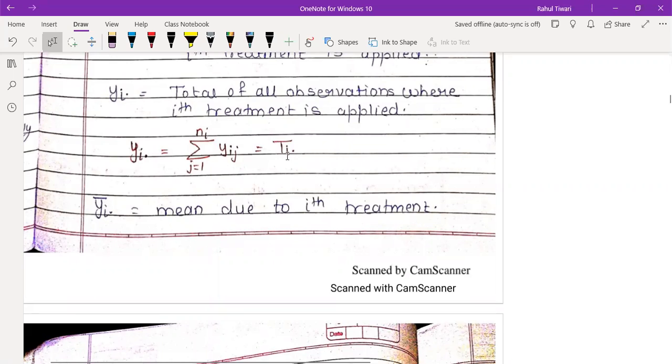Ti means treatment. If I substitute i equal to 1, I get the first treatment's total; for the second, the second treatment's total, and so on.